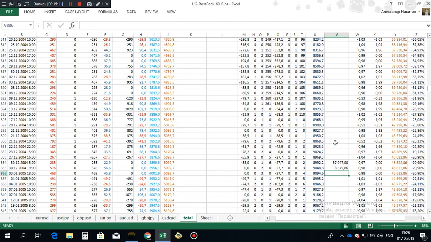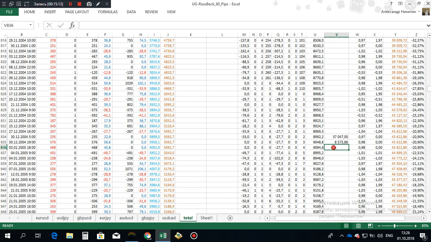Okay, 8k this year only, and I wonder if we have negative years. All professional traders have negative years, but I wonder if this strategy actually generates at least one negative year. It will be very interesting.